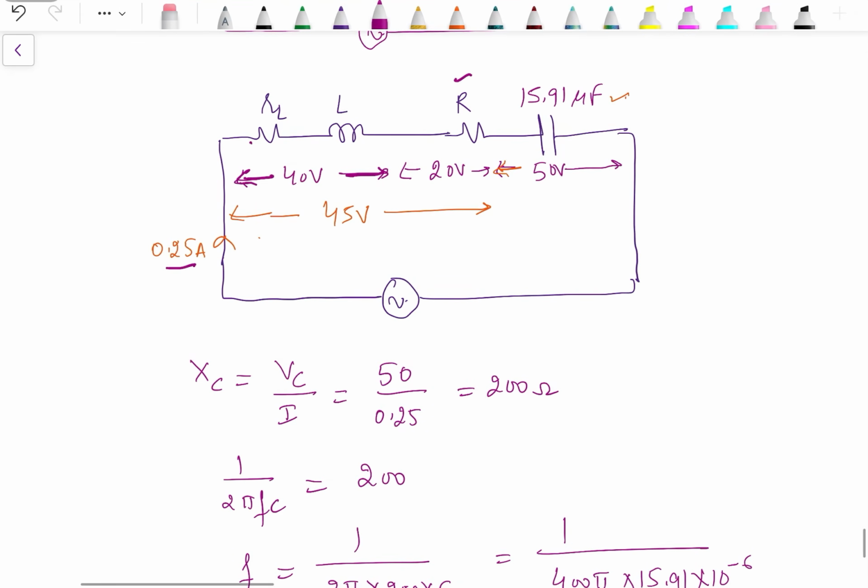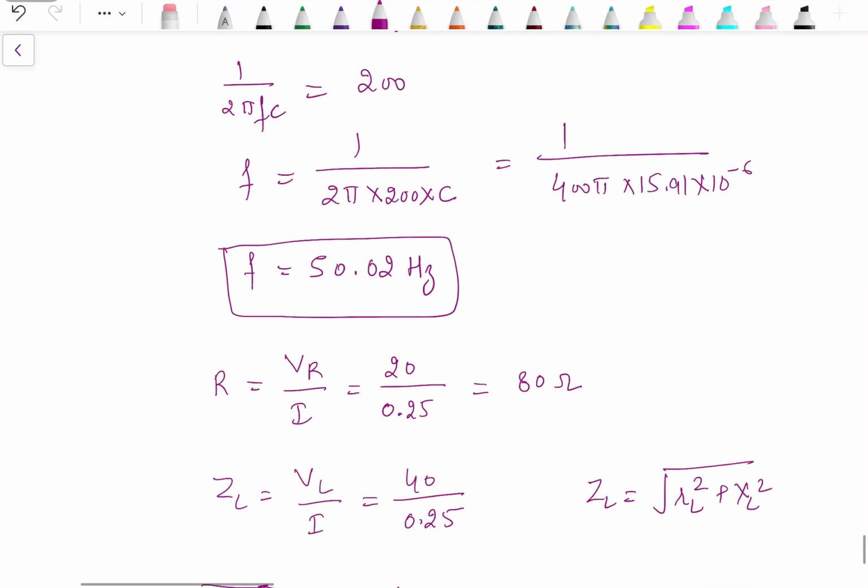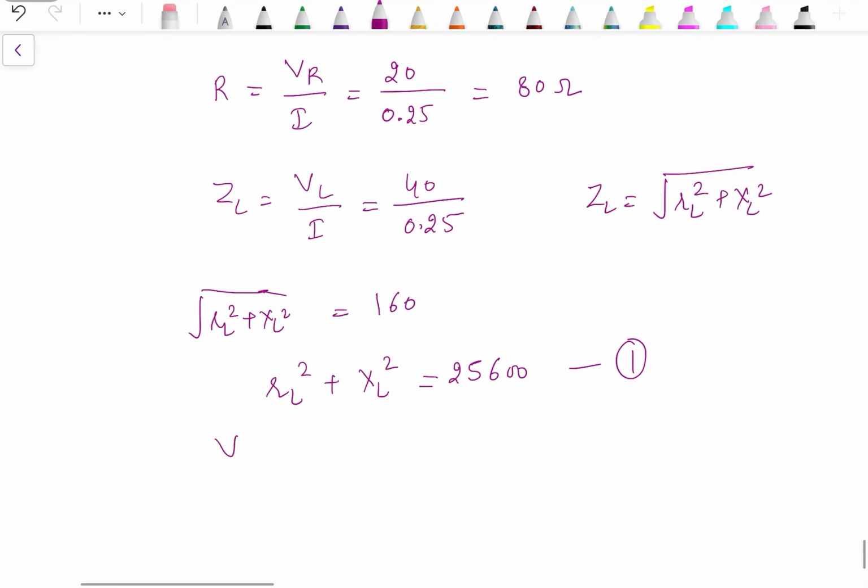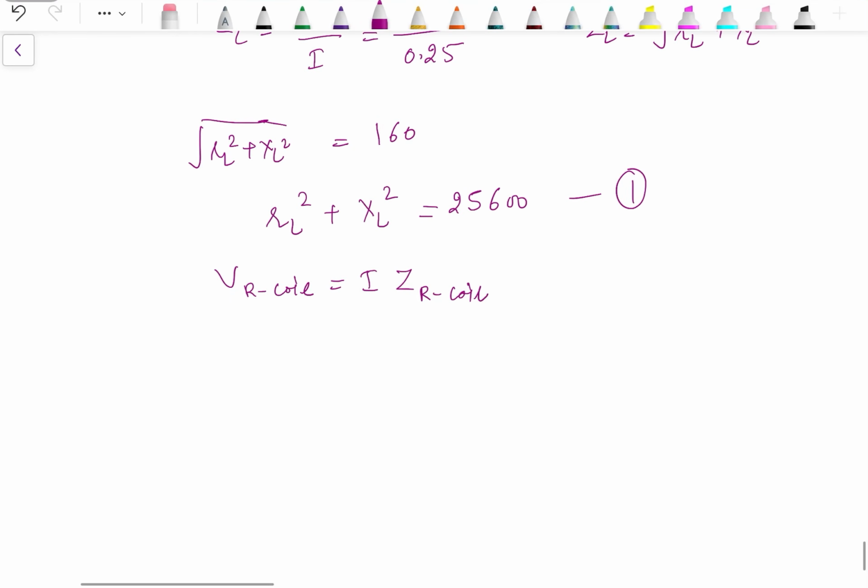And we have the voltage across the coil and resistance series combination, that is 45. So we can have the impedance of this. The impedance of this, root of (R plus RL) square plus XL square, into current will be 45. So voltage across the resistance and the coil is I into Z of resistance and the coil.